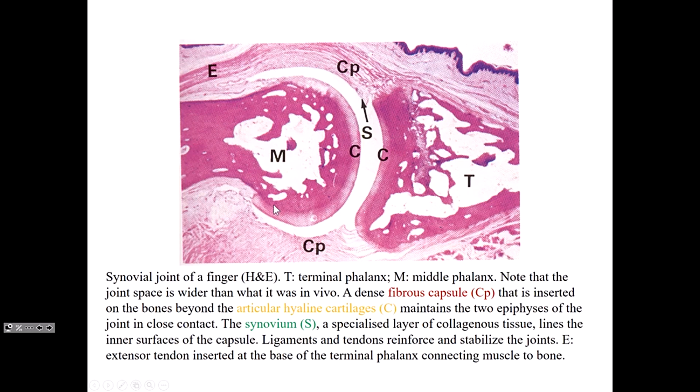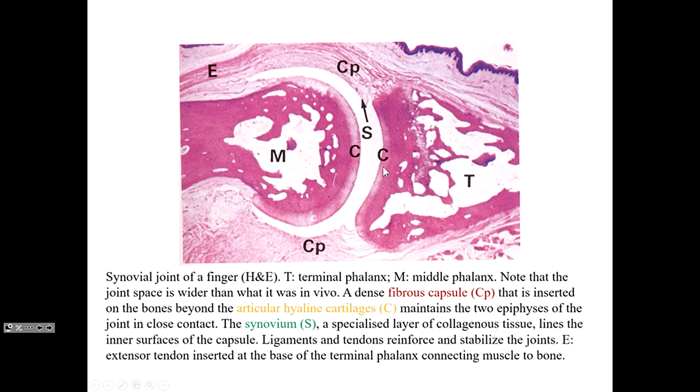Okay, now if we look at joints, here's two articulating surfaces. Okay, look in finger joints. So this is one cartilaginous surface. This is another cartilaginous surface. Remember, these are articular cartilage. Right? So because it's articular, there's no perichondrium.